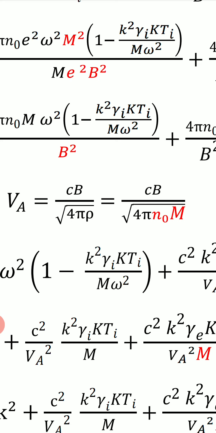Rho is density of ions, so it is N0 capital M.